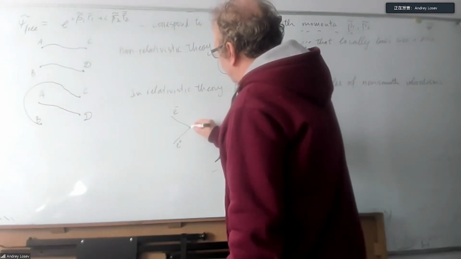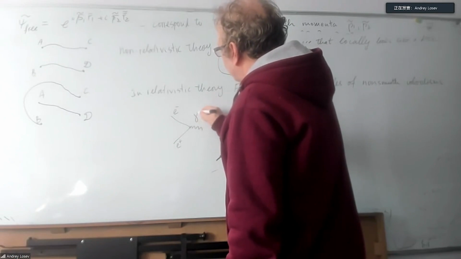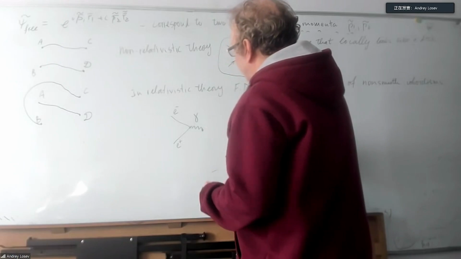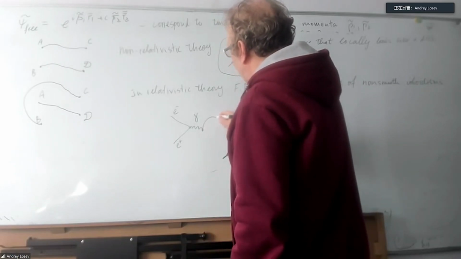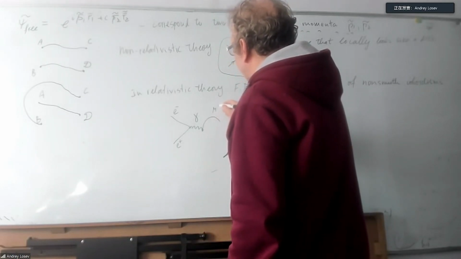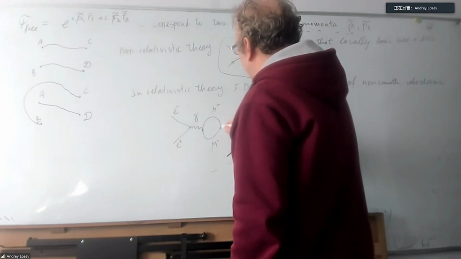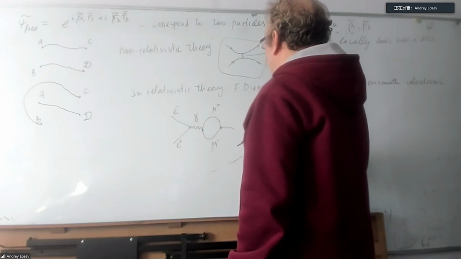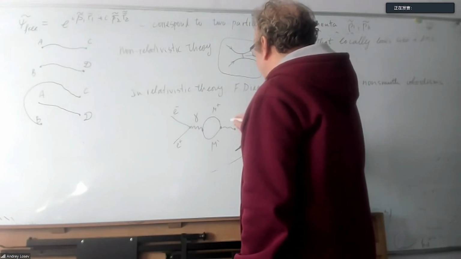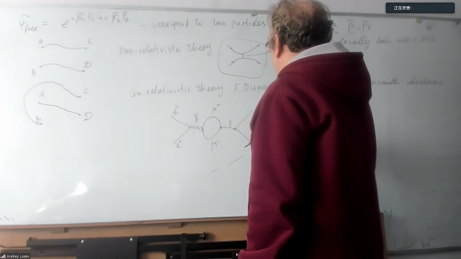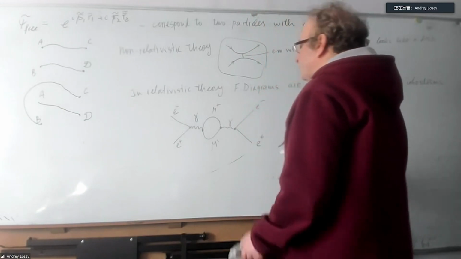Then they could annihilate to a gamma quantum. This virtual gamma quantum could lead to, say, mu plus, mu minus, and they could annihilate again to produce e minus, e plus.